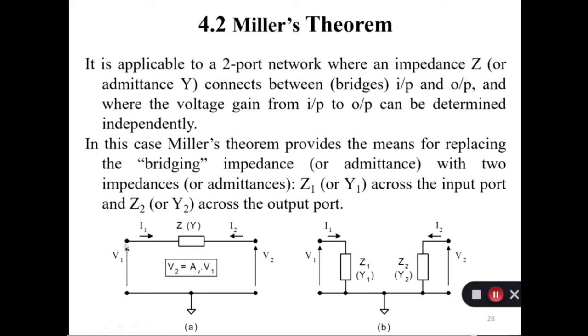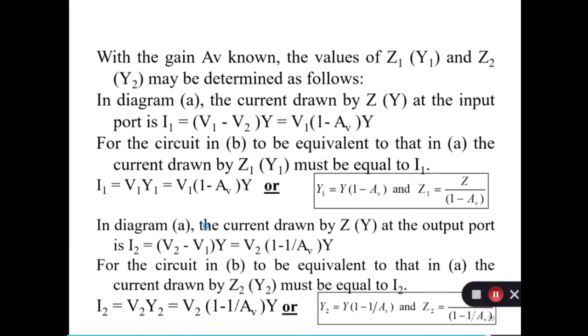It will be V1 minus V2 divided by Z. Say again, I1 will be equal to V1 minus V2 divided by Z, or you can say I1 is equal to V1 minus V2 into Y. If you take V1 common here, the remaining is 1 minus V2 divided by V1, which is the AV from here, into Y. So now this is equation number 1, you have to note it down.